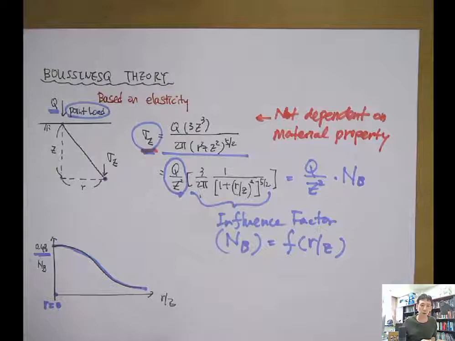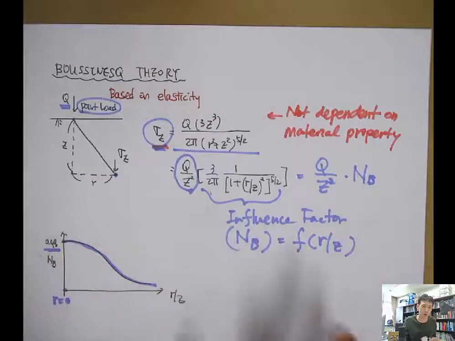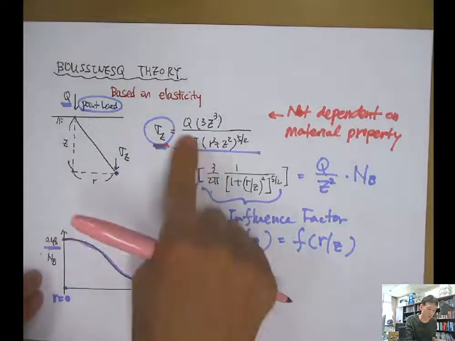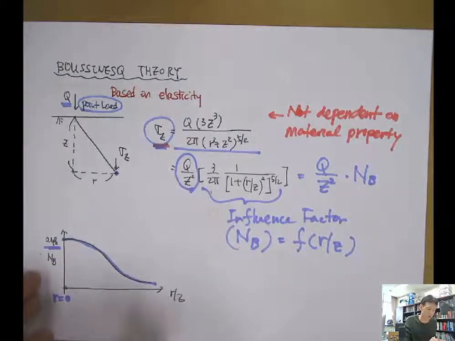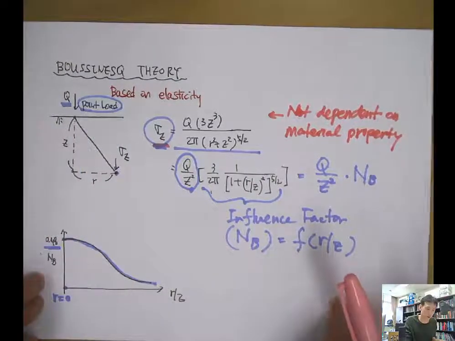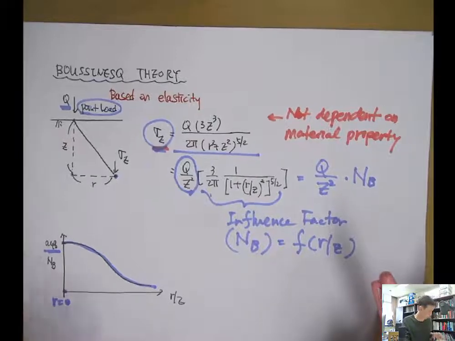So it's not affected by the soil property, whether it's clay or the sand, whether its density is very high or the low, or the loose soil or the dense soil, it doesn't matter. The stress will be just determined by the geometry and the force, the point load, because it's based on the elasticity. So because it assumes the material is elastic material.